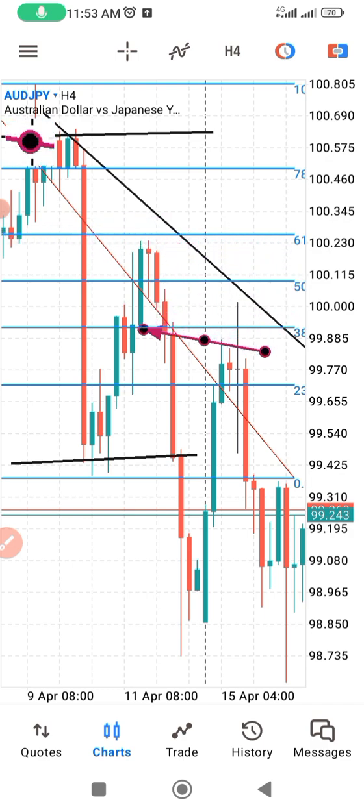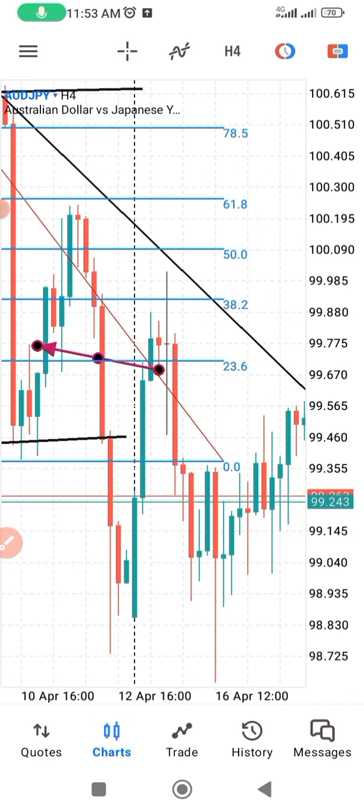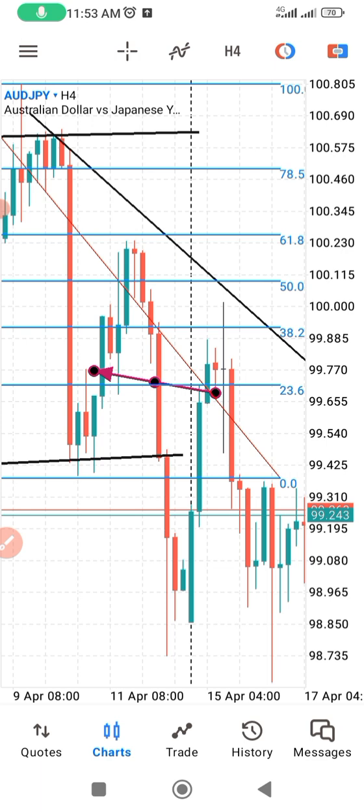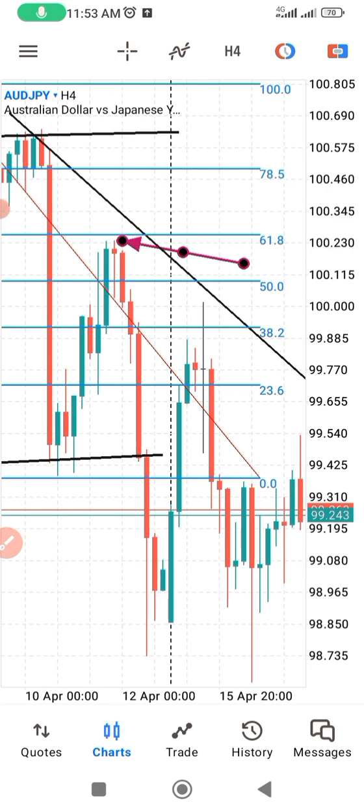You'll see that price pulled back to the 61.8 level of our Fibonacci level. This is our Fib. Price pulled back to that region, gave us a hanging man. And afterward, we have this follow-up of a bearish engulfing candle.